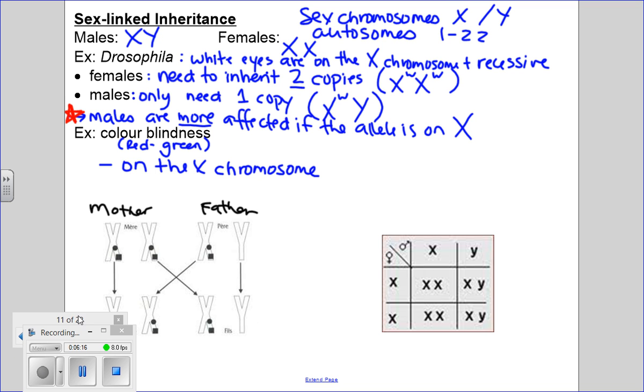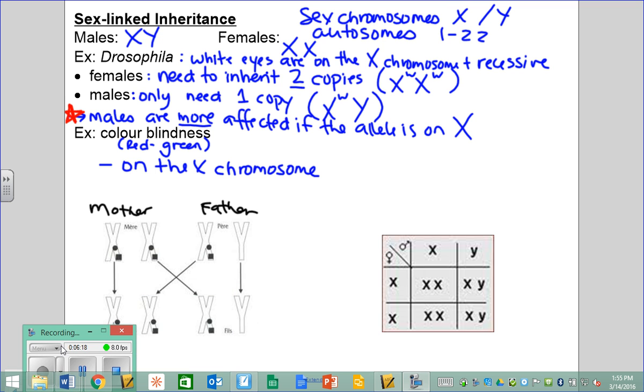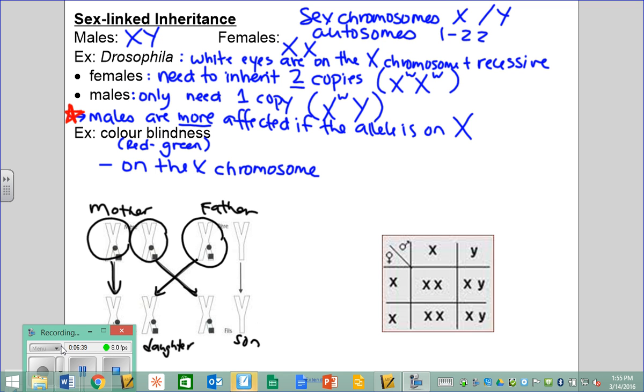So regardless of if we are discussing a daughter or a son, mother can only give X chromosomes. The father is actually the one who determines the gender. The father could give an X chromosome, and the result would be a daughter. Or the father could give a Y chromosome, and the result would be a son.